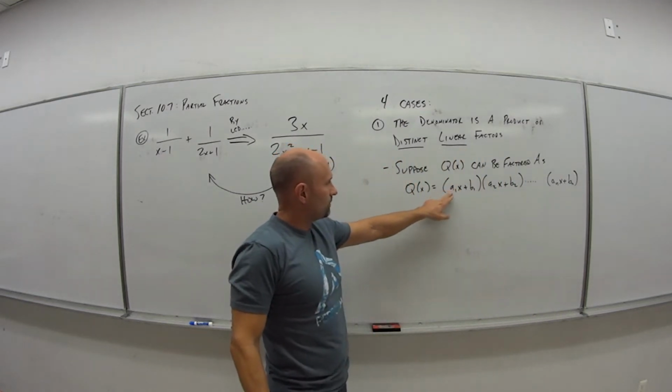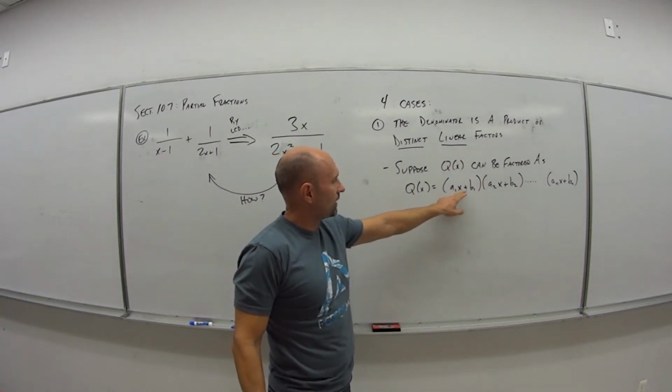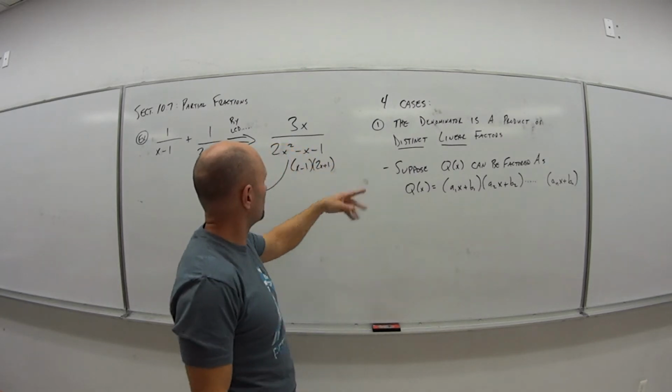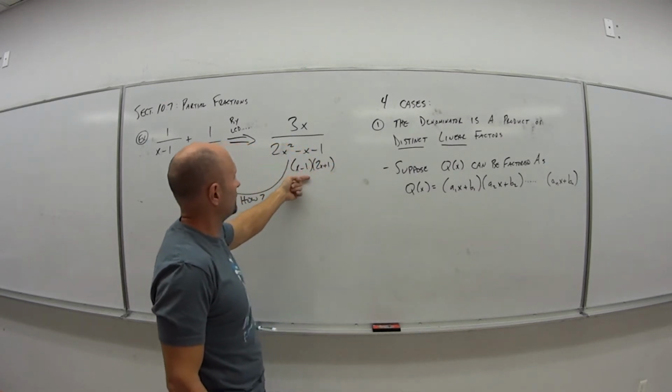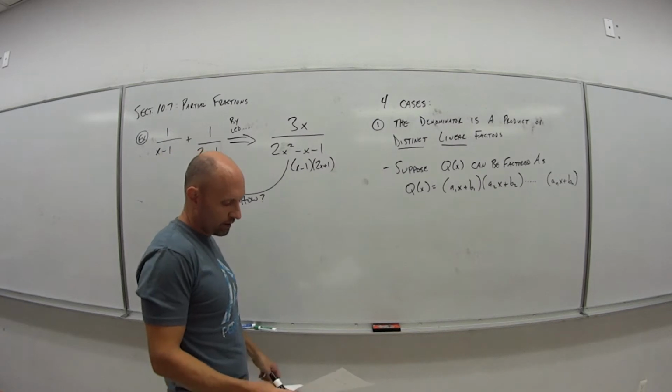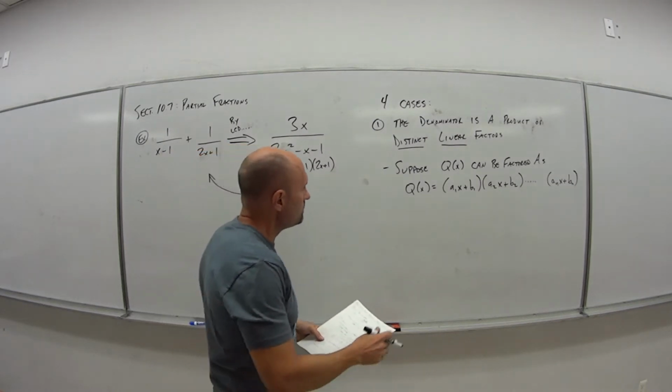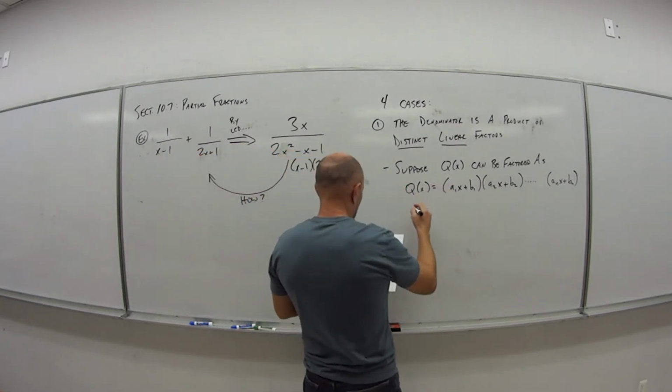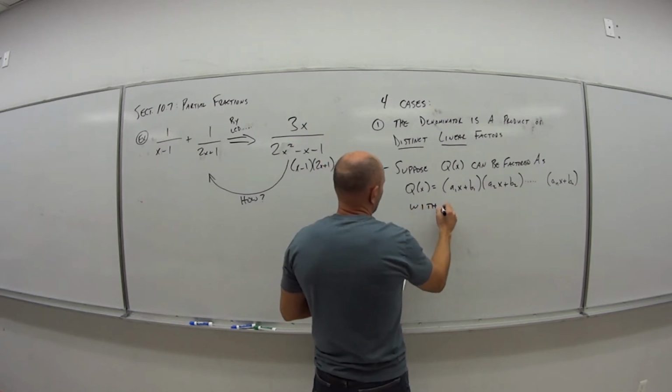So each is some coefficient times x plus b, which is different from anything else. Again, it's essentially saying none of these factors are repeated. So it can be factored with no repeating factors.